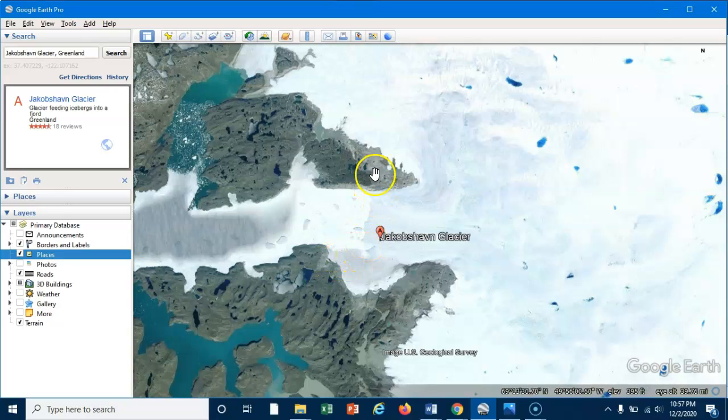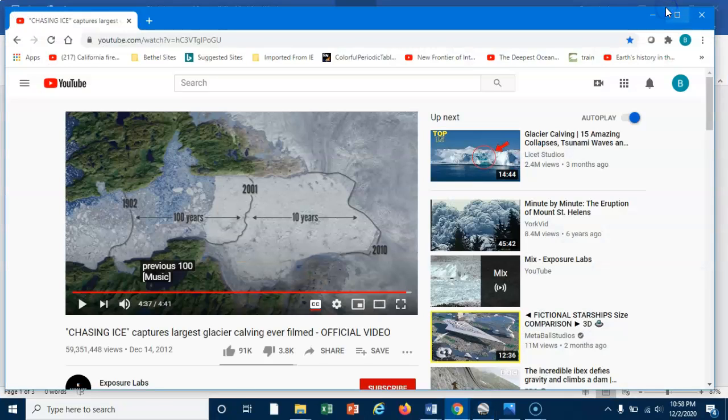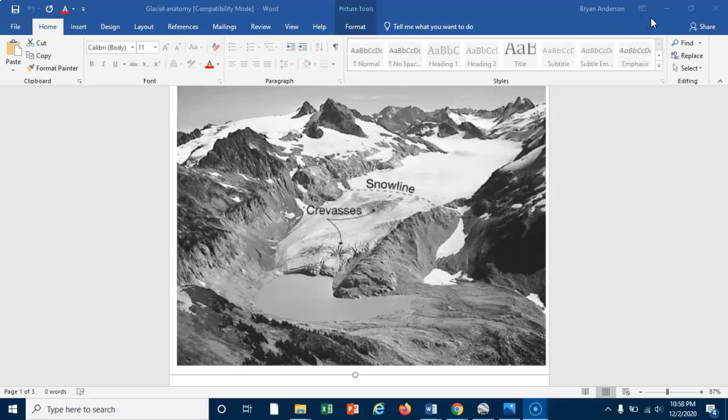Right here's the edge of the ice currently. So it seems the Jacobshaven Glacier has advanced back and recovered some of its former mass. Kind of interesting. Anyway, I thought I'd just point that out. Nonetheless, that was a huge calving event, and very interesting.